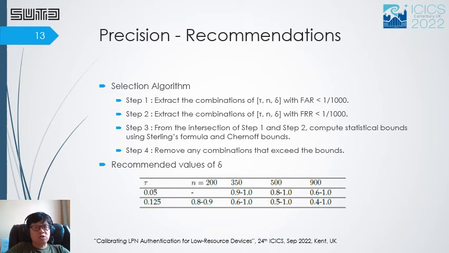We then cross-checked it against Stirling formula and Chernoff bounds, and removed any that exceed the bounds of 2 to the power of minus 40. We then arrive at the values shown here. Only the noise rates of 0.05 and 0.125 are recommended, and for some of the sample sizes used, we have provided appropriate values of delta which can be used to achieve low FAR and FRR.